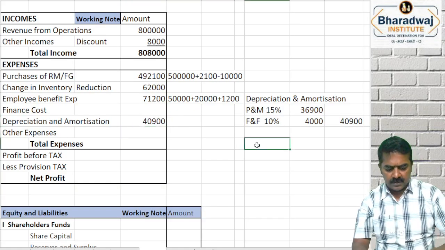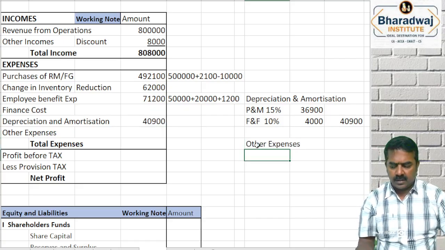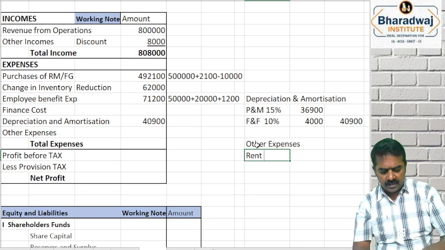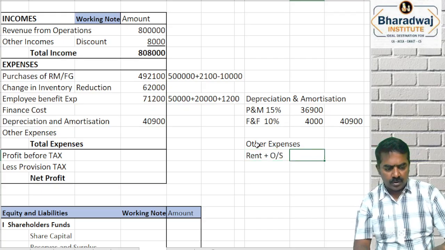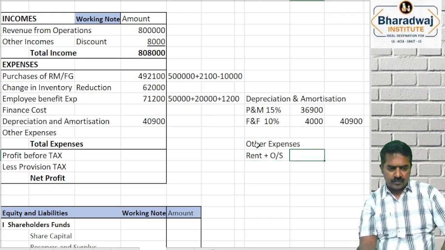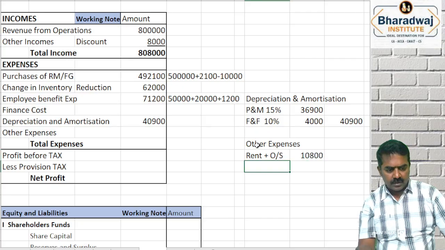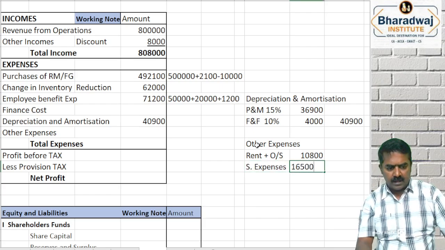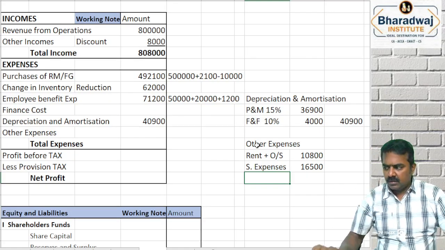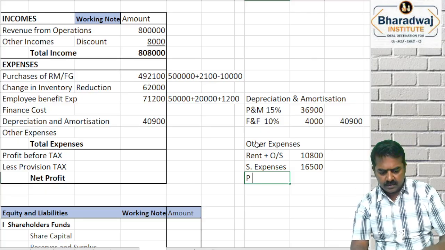Other expenses: rent plus outstanding rent, 1,000. How much is the total amount? 10,800. Sundry expenses 16,500. Then provision for bad debts. How much is the provision for bad debts? 26,000.